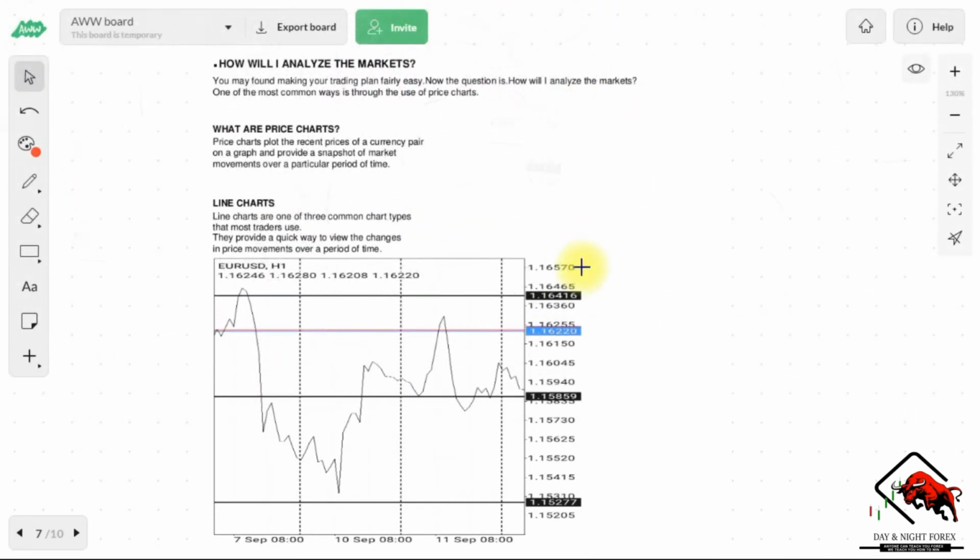So basically, what are price charts? A price chart plots the recent price of a currency pair on a graph and provides snapshots of the market movement over a particular period of time. Remember, I showed you the time frames, the 1 hour, 15 minute, and as you can see right here with EURUSD again on H1. H1 is basically just the 1 hour time frame.